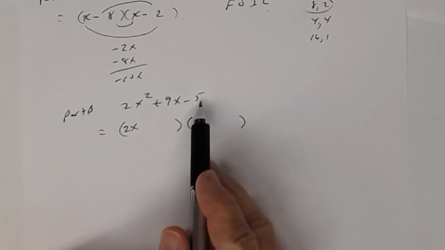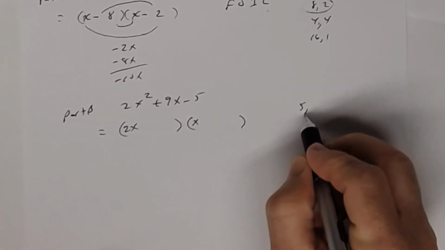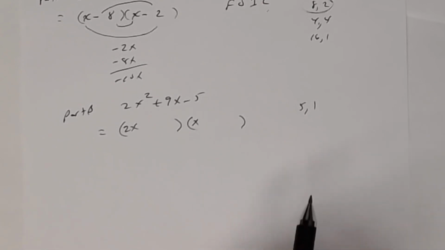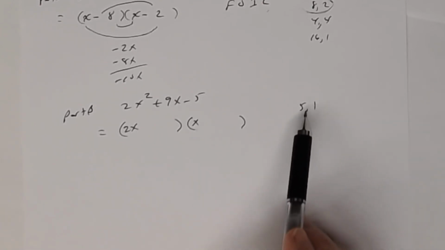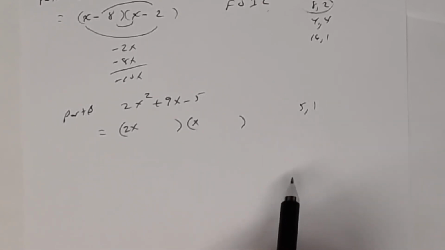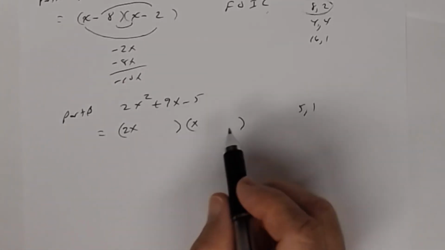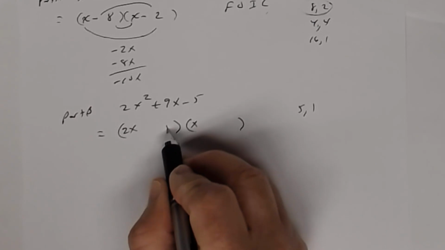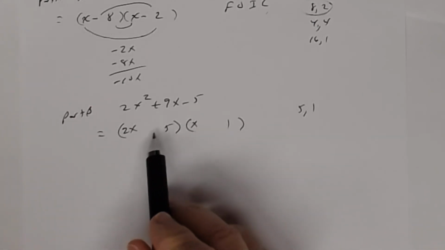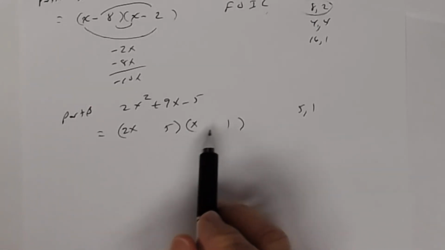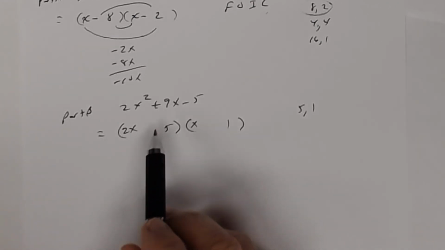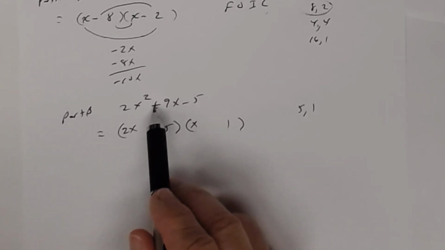But also, for the factors of 5, the only possibility whose product is 5 is 5 and 1. So then we're going to put 5 and 1 in here. We're going to check trial and error and see which one works. So for example, if you put 5 here, 1 here, and you note that the last sign is negative, so these signs have to be different, and the middle sign is positive, an addition problem.